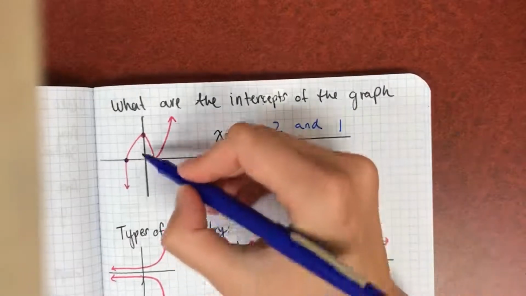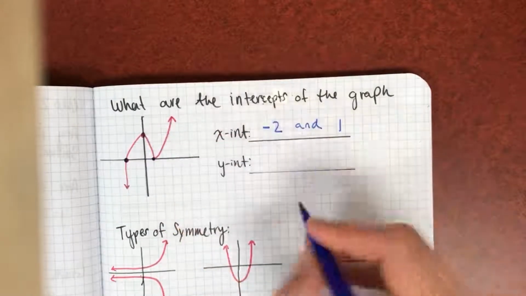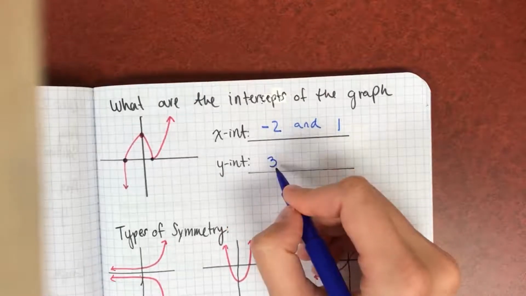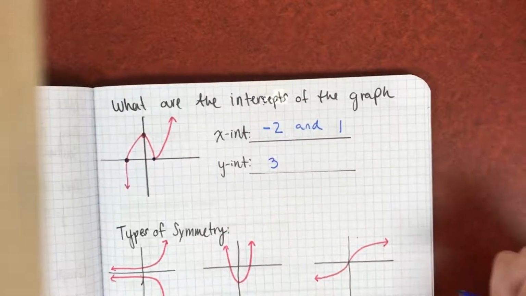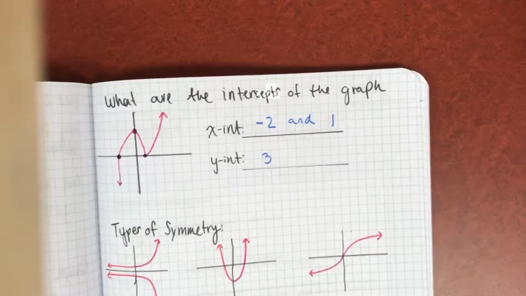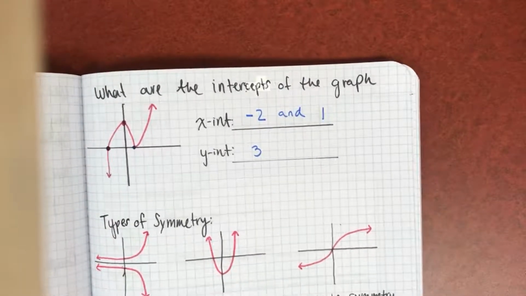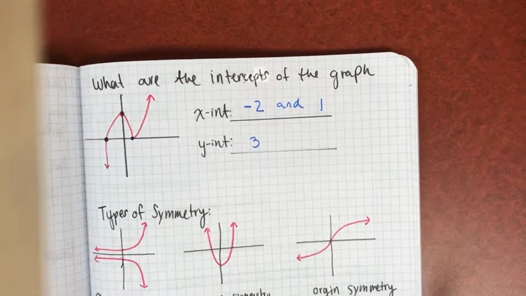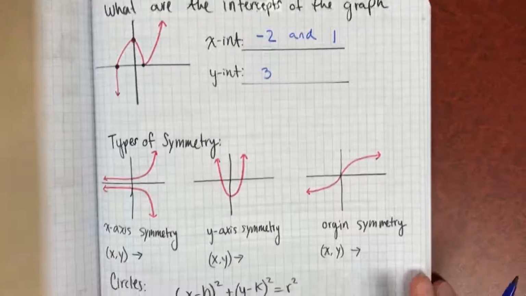For our y-intercept, we're going to go up, and it looks like it's at 3. You can write your intercepts like this, or you could write them as an ordered pair. It doesn't matter. Lots of times on online homework, it'll tell you how to write it. If it just asks for the intercepts, just put the numbers. If it asks for the ordered pairs, then obviously write those.